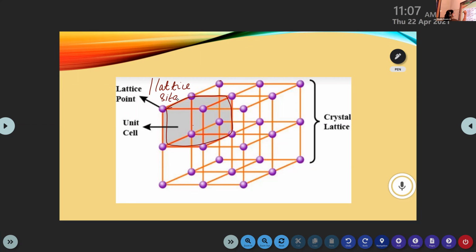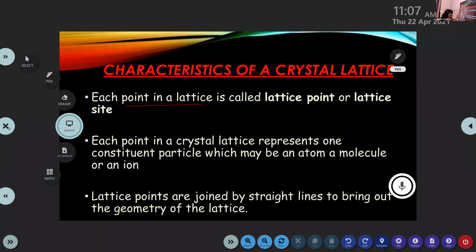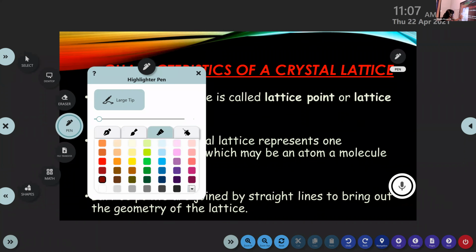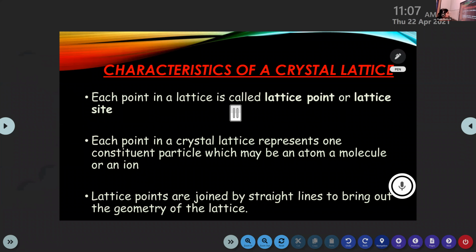Okay, then we can learn the characteristics of this crystal lattice. There are mainly 3 points. The first point we already discussed. Each point in a crystal lattice is called a lattice point or lattice site.